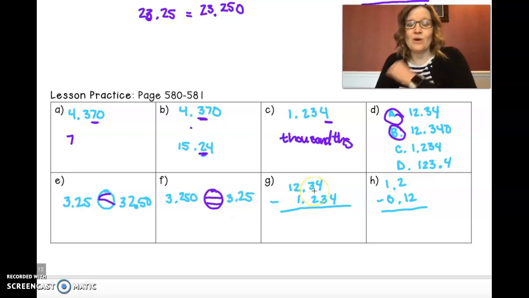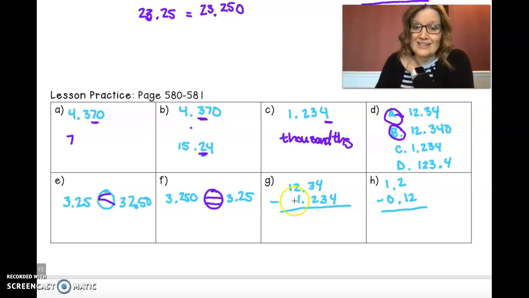Finally, I want you to practice this, pause, and then come back with me, because I want you to make sure that you know how to subtract large strings of decimals. We have all the same digits, 1, 2, 3, 4, 1, 2, 3, 4. But notice that my decimals are lined up. I'm going to put a 0 over the 4.